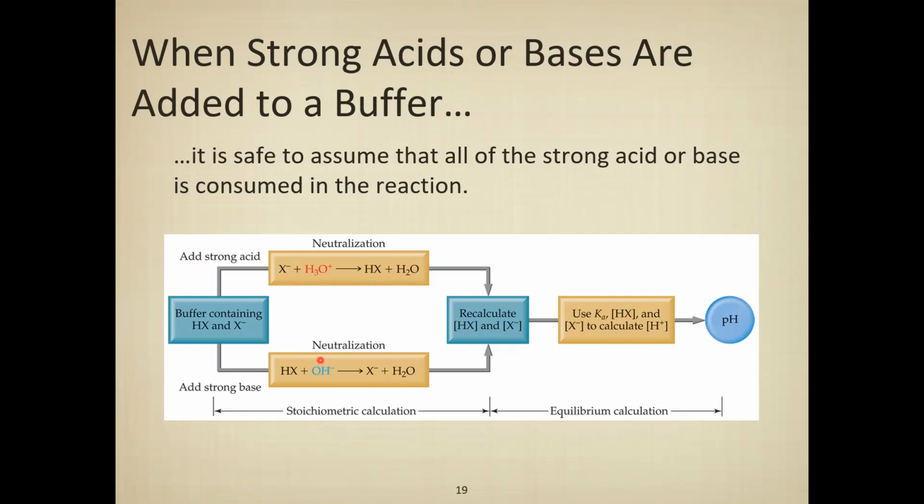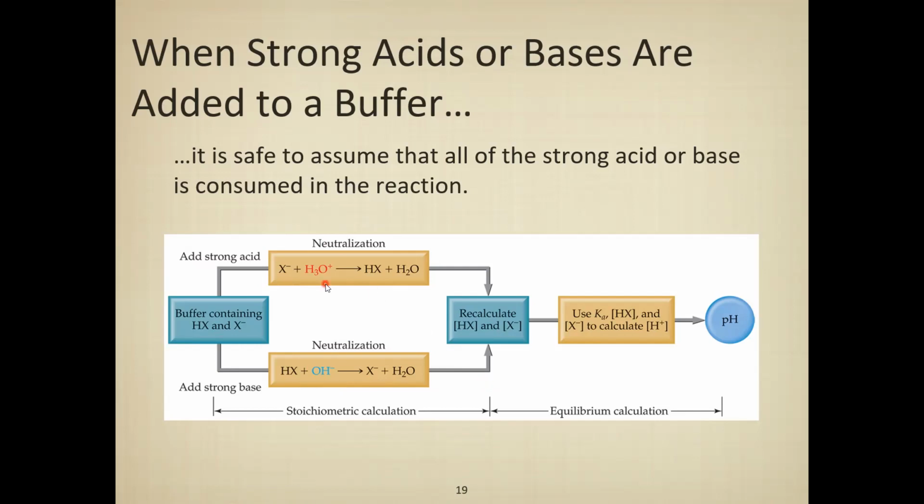So if we look at it, the reason we're not seeing the pH change drastically here is because we're just using the conjugate base. We're using the weak acid in order to essentially neutralize whatever we're adding. So it immediately basically gets neutralized. It does change the pH slightly, but for the most part, nothing really changes too much about the pH until we just run out of the buffer. But at least initially, we can just have either the strong acid or the strong base get neutralized.